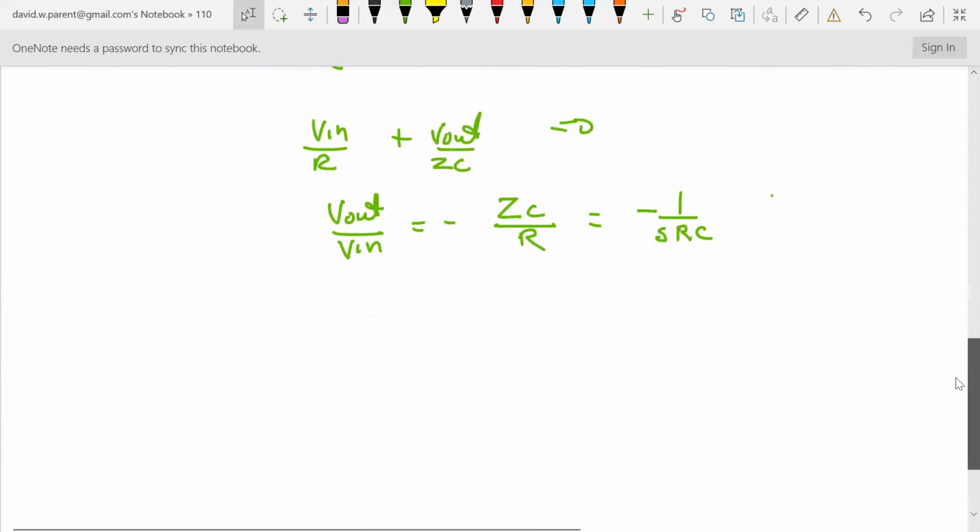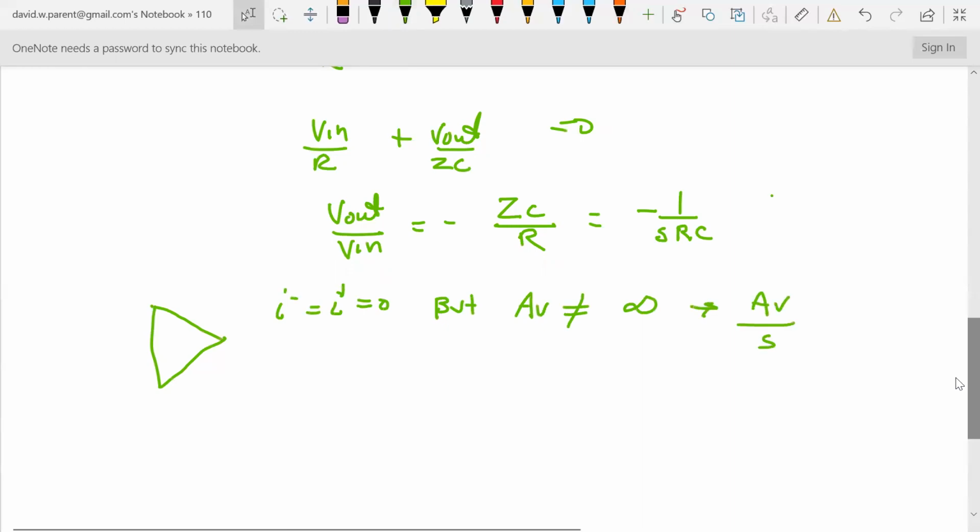Now, I'm going to just say, we will spend some time where the op-amp, we're going to say, yep, I minus equals I plus equals 0, but Av is not equal to infinity, but maybe Av divided by S, Av divided by S plus 1, Av divided by S squared plus 2S plus omega naught.